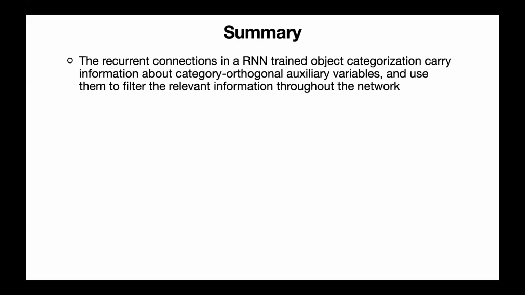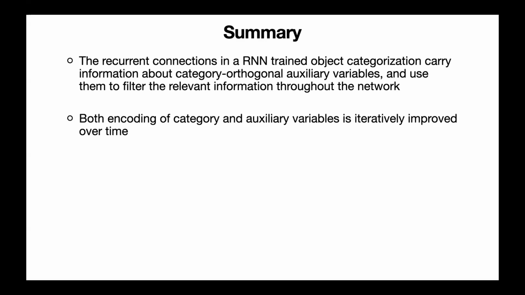To summarize, the recurrent connections in an RNN trained for object categorization have information about category-orthogonal auxiliary variables and use them to filter the relevant information at all layers throughout the network.